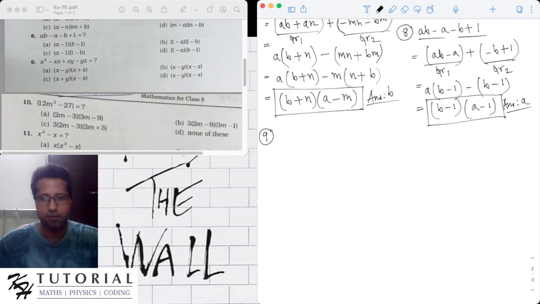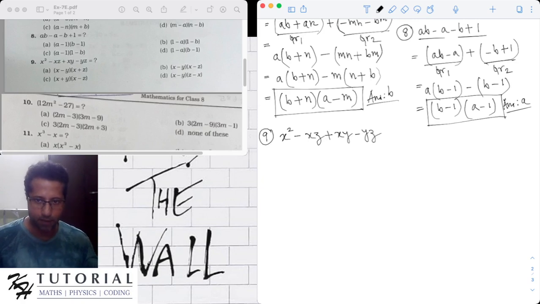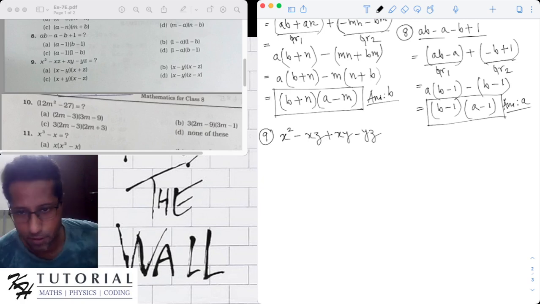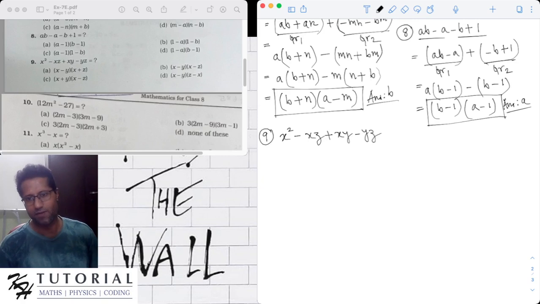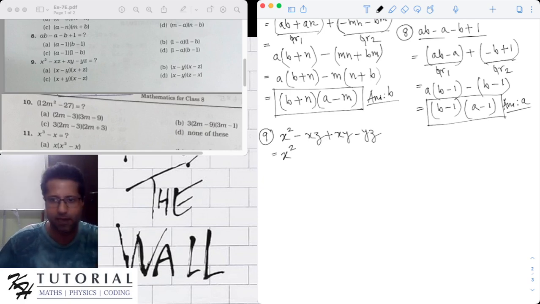Problem number 9 is x square minus xz plus xy minus yz. Now even though you can see the term x square, it is not a quadratic trinomial. Well, is it a quadratic trinomial? Let me see. So this is x square, and you see there are two terms, minus xz and plus xy, from where you can take x as common.